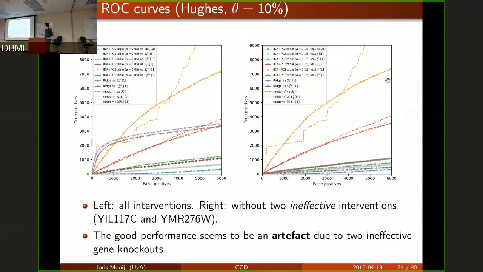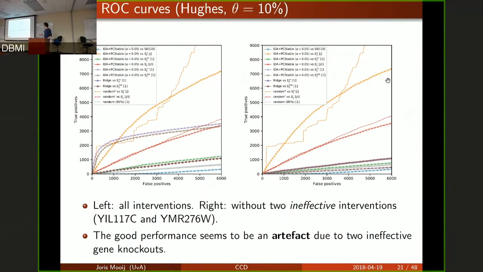What's still remaining, however, are these nice ROC curves for the relative normalized ground truth and the IDA ground truth that they used in their paper. That's still remaining here, and we don't have baselines that outperform those, at least not in the right units.